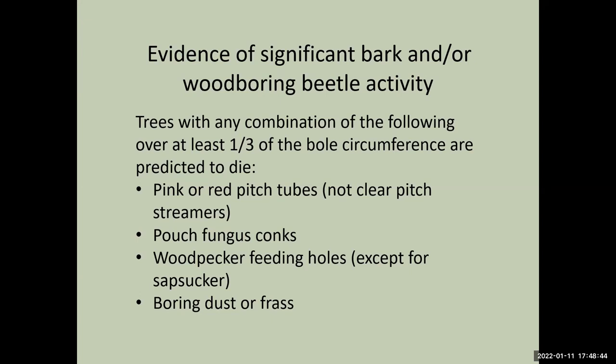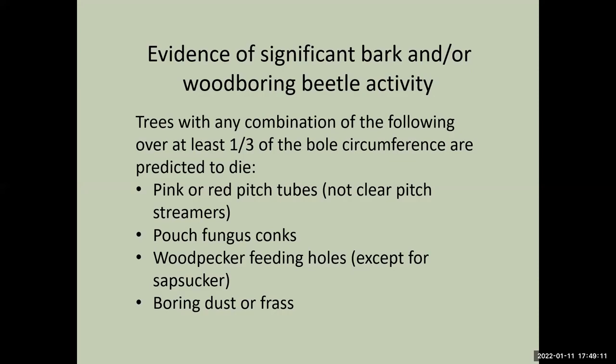They're excavating holes in the trees. And then some other areas where beetles are just pushing out boring dust and frass. All of these indicators show that there's a lot of insect activity in the tree. And if these indicators cover at least 1/3 of the bole circumference, we pretty much call those trees goners, and there's no need to spend any time looking at the crown damage or the cambium damage.